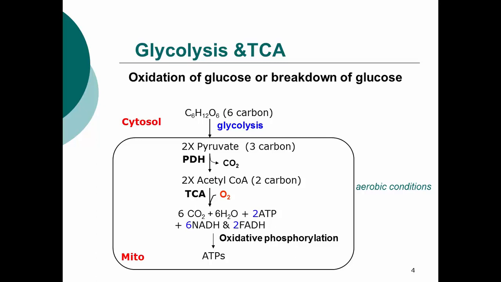This produces 2 ATPs, 6 NADH, and 2 FADH2, and these reducing equivalents enter oxidative phosphorylation and produce ATPs, right? 36 to 38 ATPs produced eventually in the mitochondria.